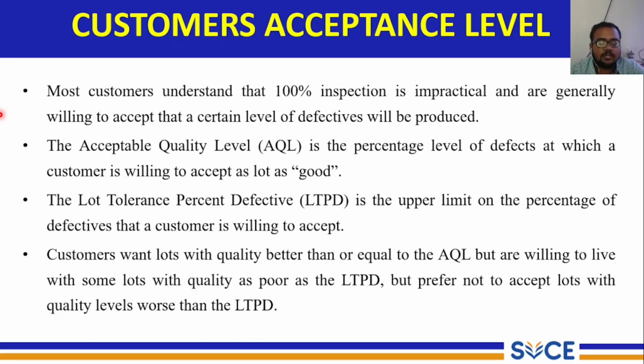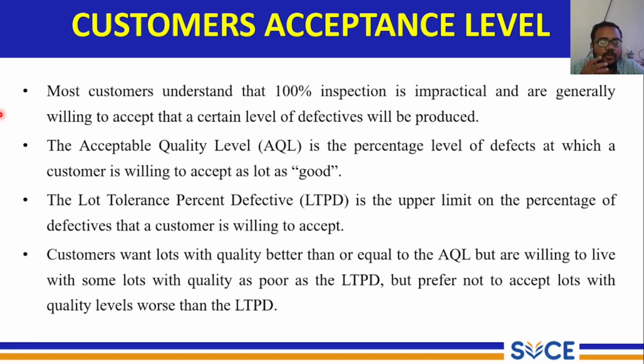Whereas on the other hand, customers also want the quality of the lot to be better than or equal to AQL, but of course they are not going to be compromising on the quality, hence they do not want any lot or batch to be as poor as your LTPD. In an ideal scenario, they do not even accept a lot which is equal to LTPD.